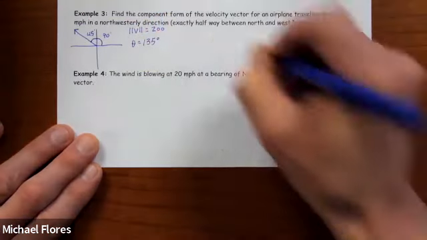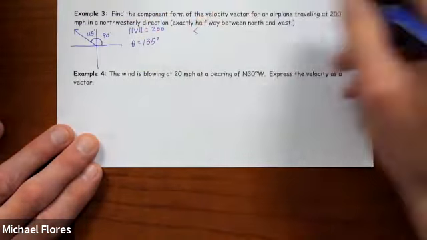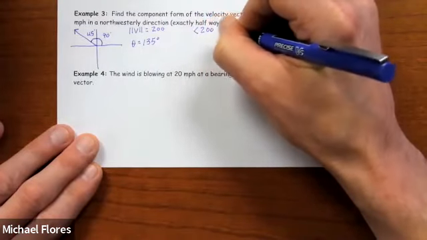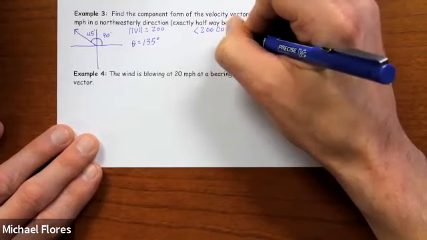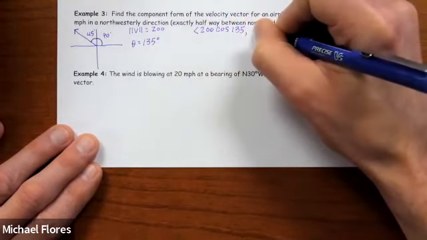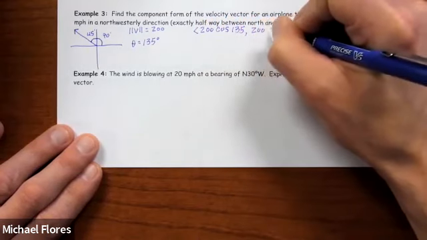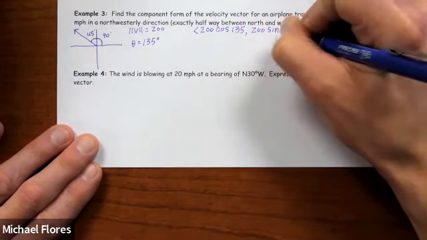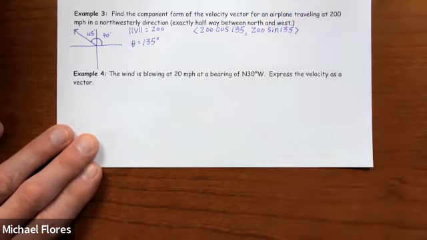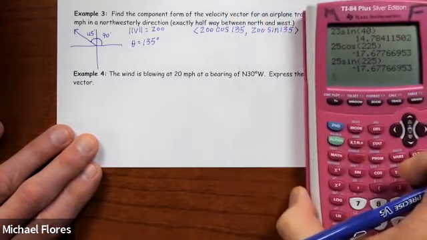And now we can plug into component form and then use our calculator. Magnitude, cosine, angle. Magnitude, sine, angle. Calculator time.